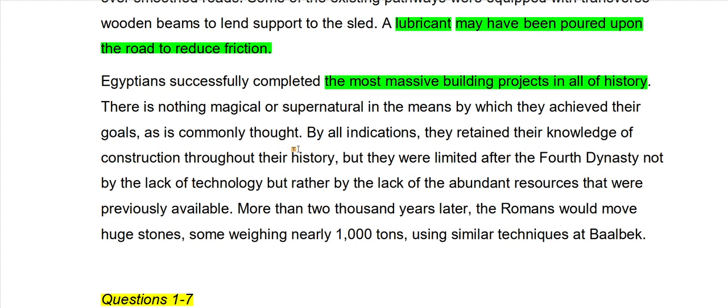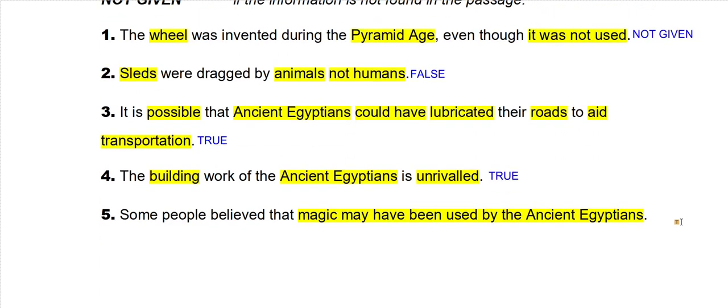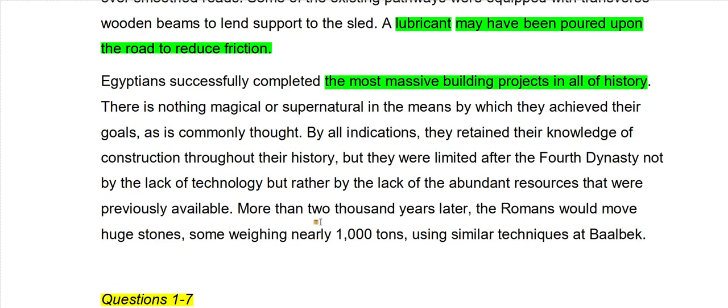Okay, what most students will do is they will say there is nothing magical or supernatural, so they will say the answer is false, but I will mark the answer first here. The answer to this question will be true. Now many of you will get confused how it can be true, because they say magic may have been used, but it is written clearly there is nothing magical.